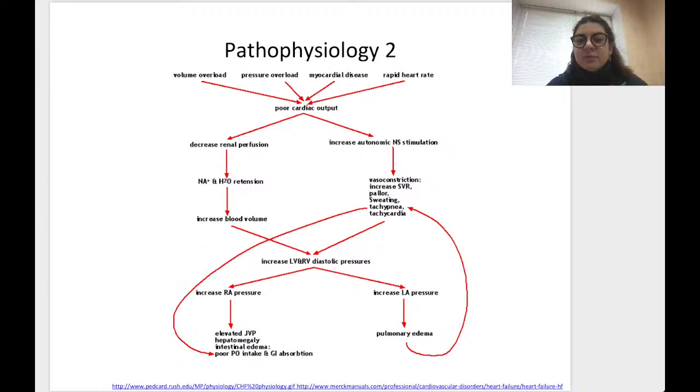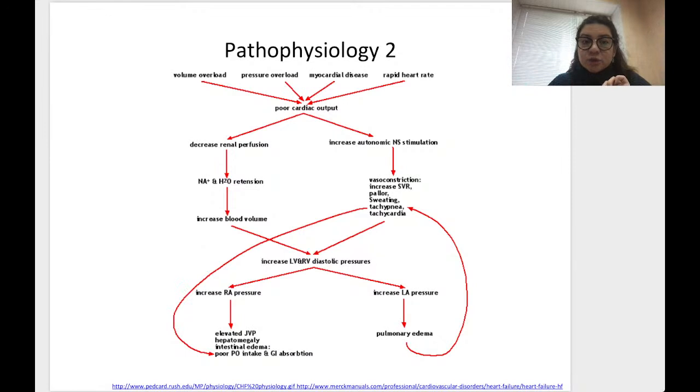And it is a rapid heart rate due to arrhythmias or secondary to some other chronic pathologies. All these factors, each of them or in combination, will lead to poor cardiac output.